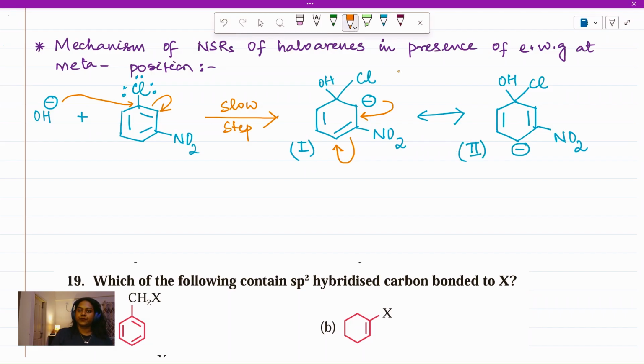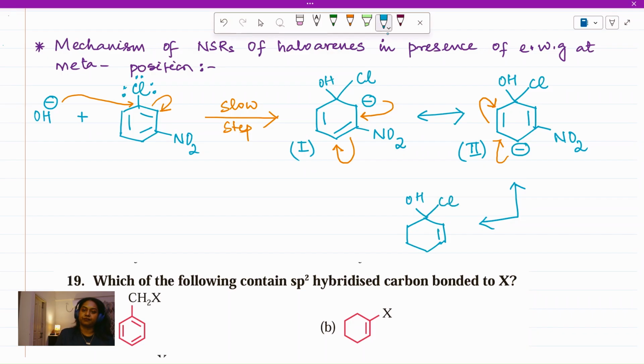Then after this, we move the negative charge again to this position. This double bond cannot coexist together, so it moves and becomes a negative charge on the adjoining carbon atom, right? And then the next resonating structure would look something like this. Again, OH, Cl together.